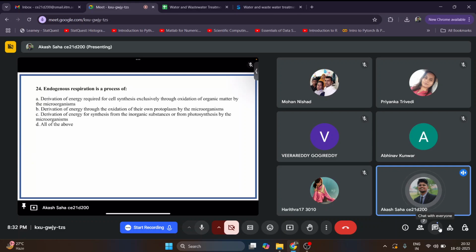Just think about endogenous respiration. Whenever there is microbial growth, in the end phase there will be some endogenous respiration happening. So what does it mean? How can we define it?